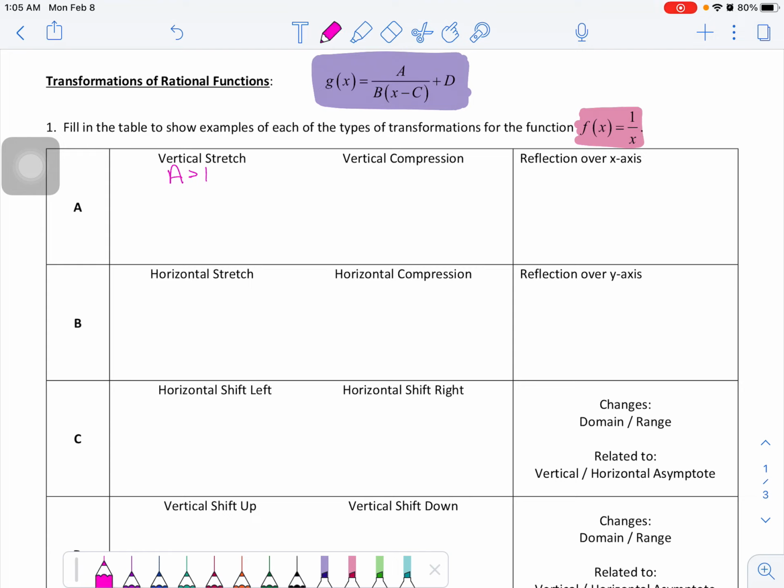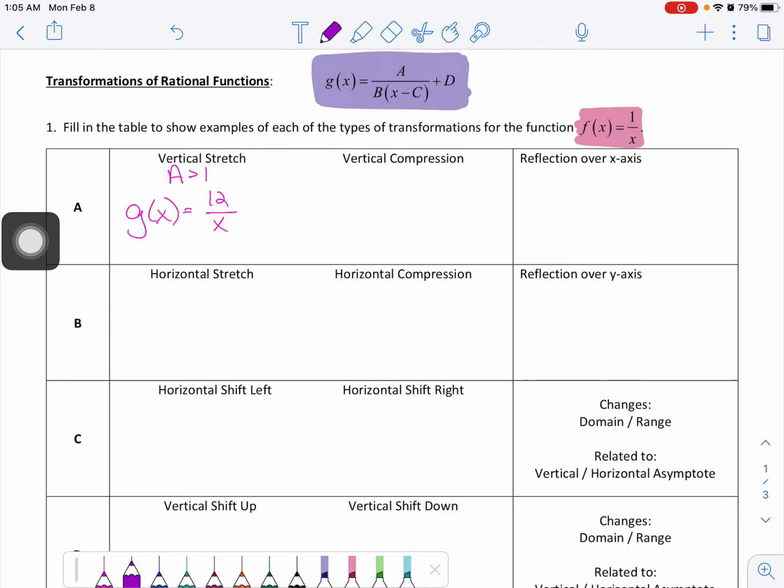So let's say g of x is equal to, let's pick an A value of 12 over x. Okay, this 12 would create a vertical stretch 12 times away from the x-axis in both either positive or negative direction. So that's a vertical stretch.